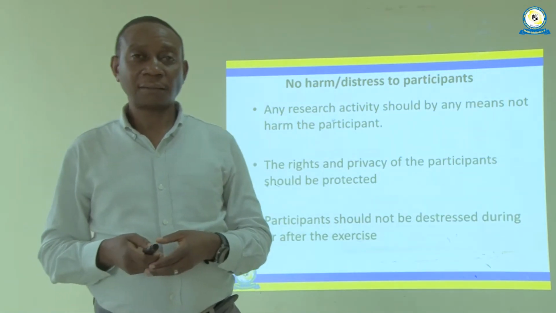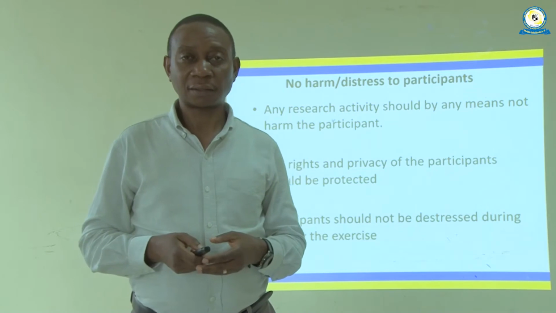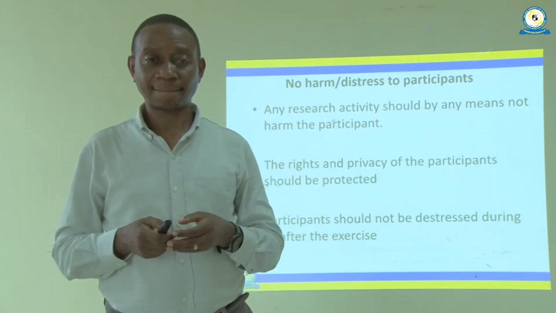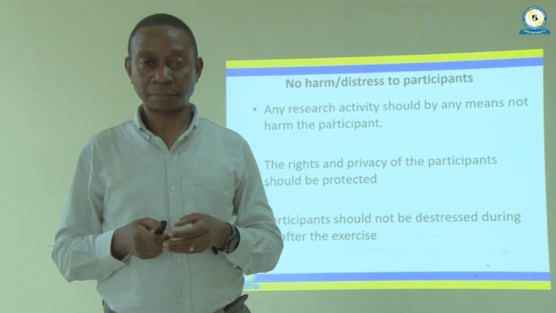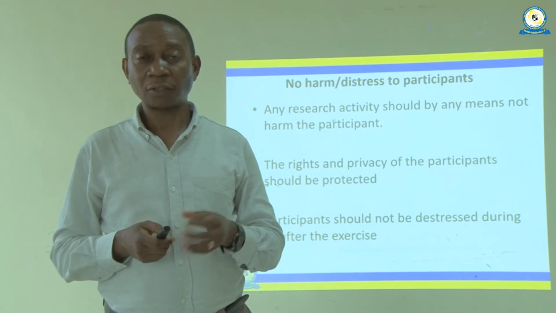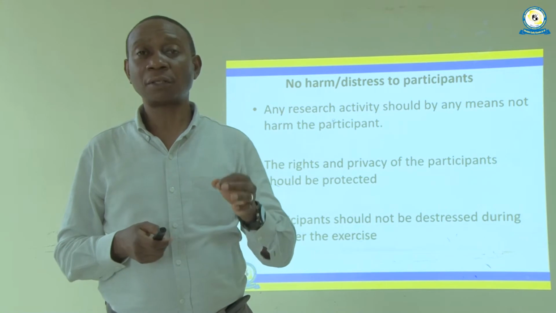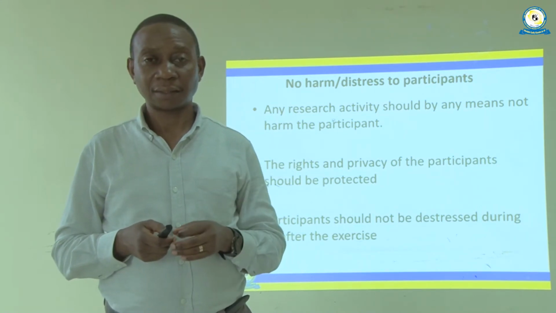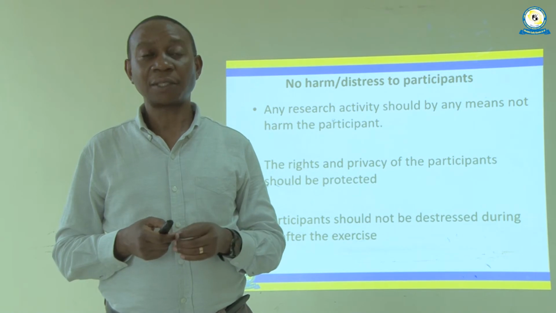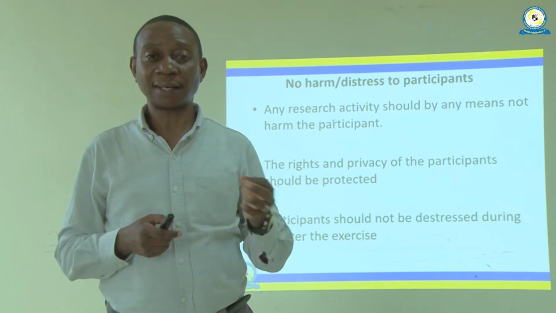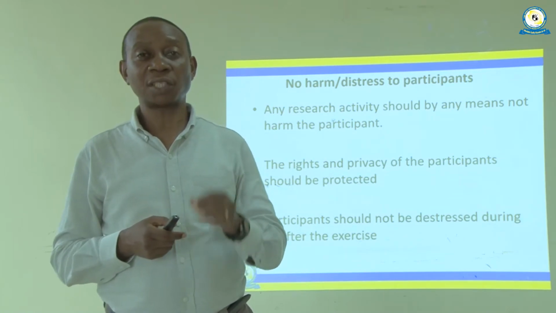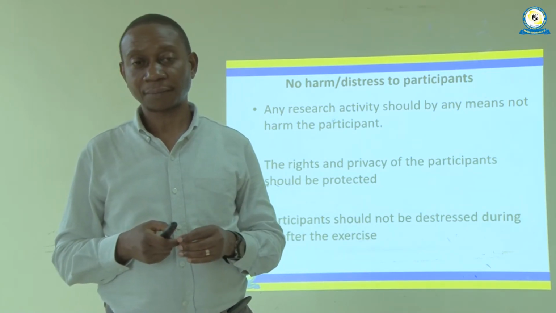Another thing regarding the ethics in social research is there should be no harm or distress to participants. You will make sure that you inform the participants of anything that they will face regarding harm or distress, but make sure that you don't harm or distress the participants.